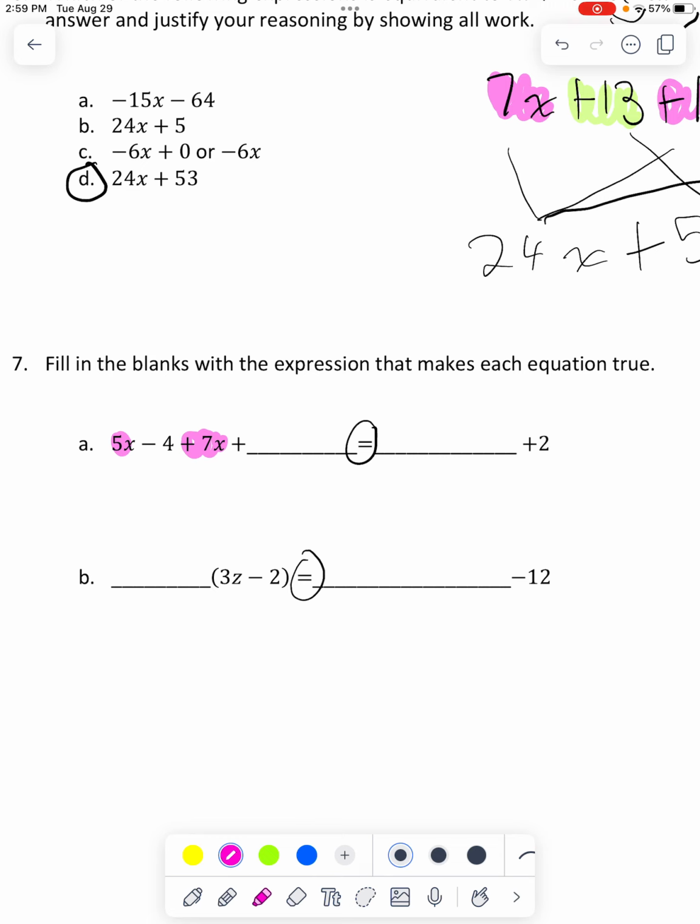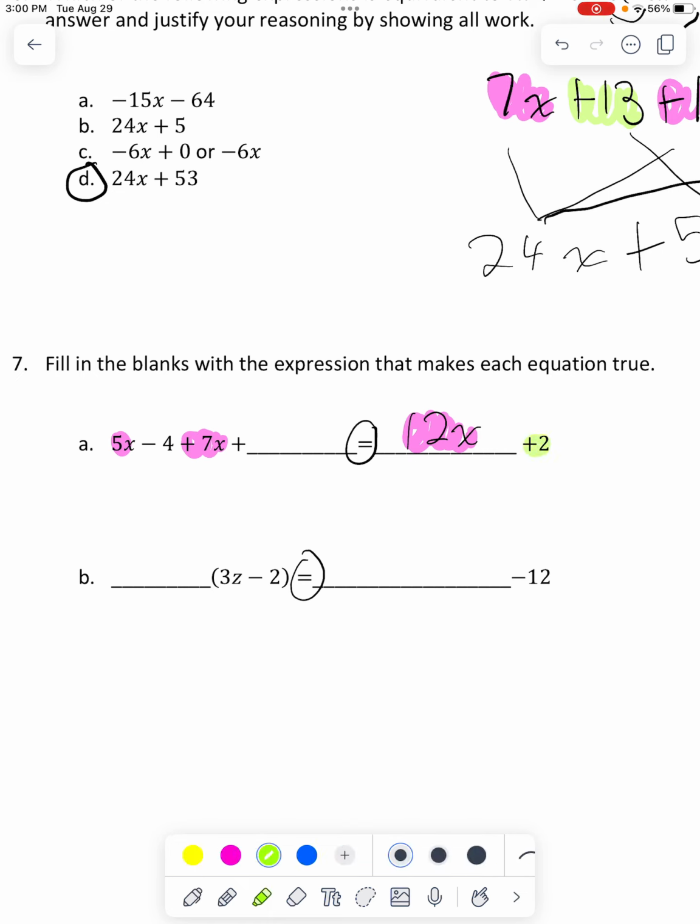And so in order for this equal sign to be telling the truth, I need to be watching out for how many x's should be on the right side. Now if I see 5x and I add 7x, that gives me 12x's. And so now I know with 12x on the right side, that that's the same number of x's that's on the left side.